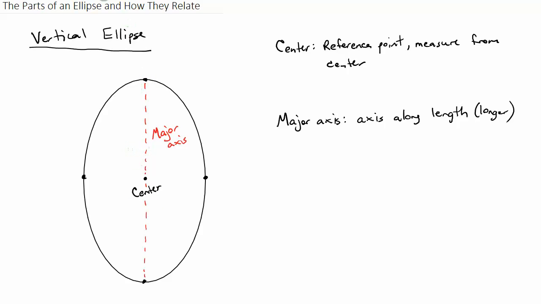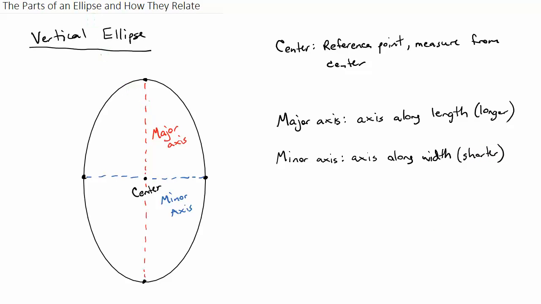And then of course if that's the major axis, then running the other way all the way across the ellipse is what we call the minor axis. And the minor axis, you could probably guess, is the axis along the width. And it, of course, would be shorter. Okay?